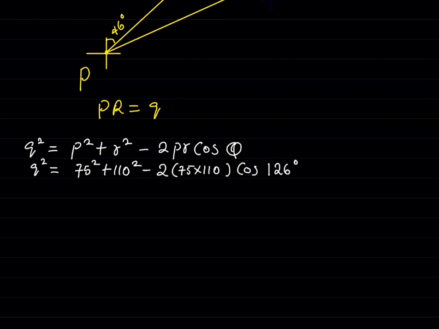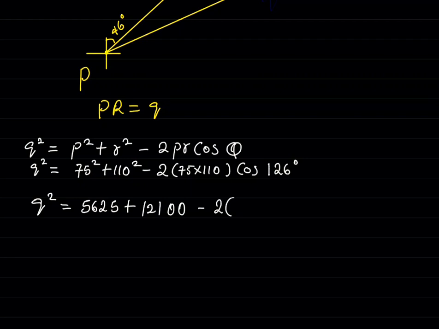Now let me go over using your calculator. Effectively, you are going to have it this way. Q squared is equals to 75 squared is going to be 5625 plus 110 squared is 12100 minus 2.